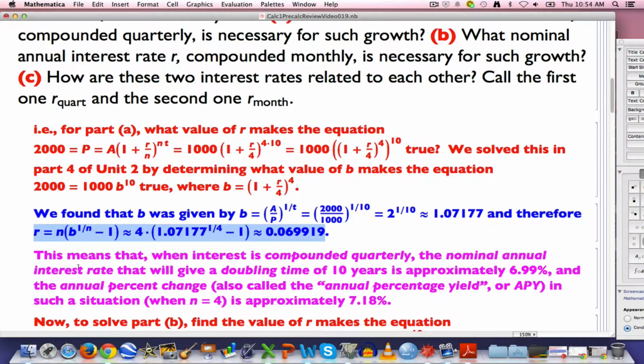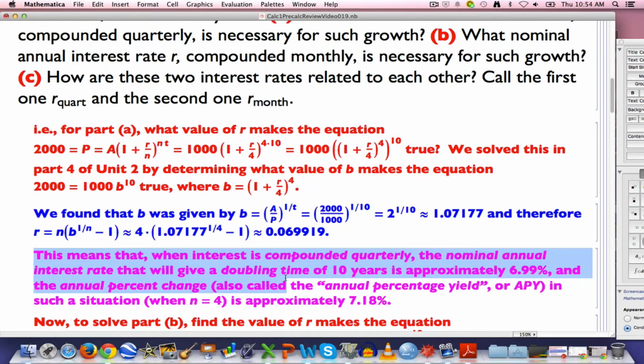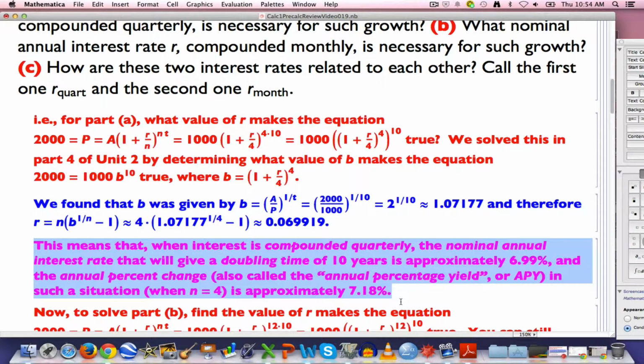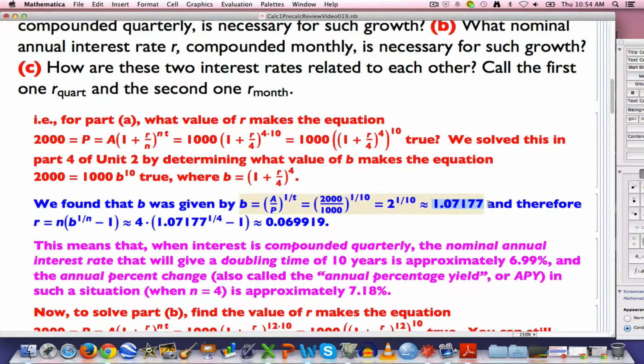What does this mean? That's what's in magenta here. Think carefully with me. This means that when interest is compounded quarterly, the nominal annual interest rate that will give a doubling time of 10 years is approximately 6.99%. The fact that B is 1.07177 means also that the annual percent change, called the annual percentage yield or APY, of this account, is approximately 7.18%. 1.07177 minus 1 is 0.07177, approximately 7.18%.